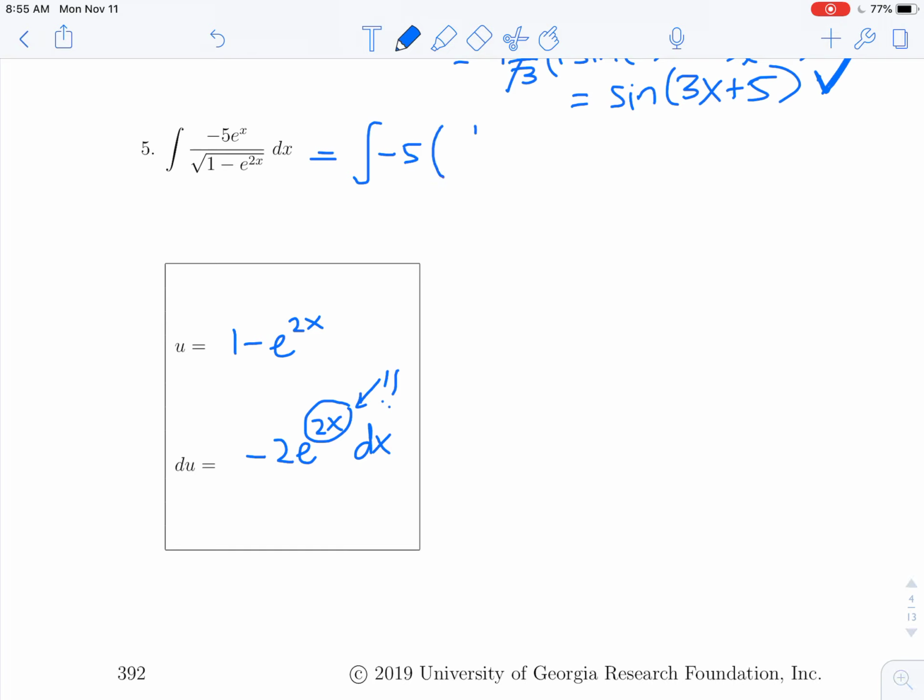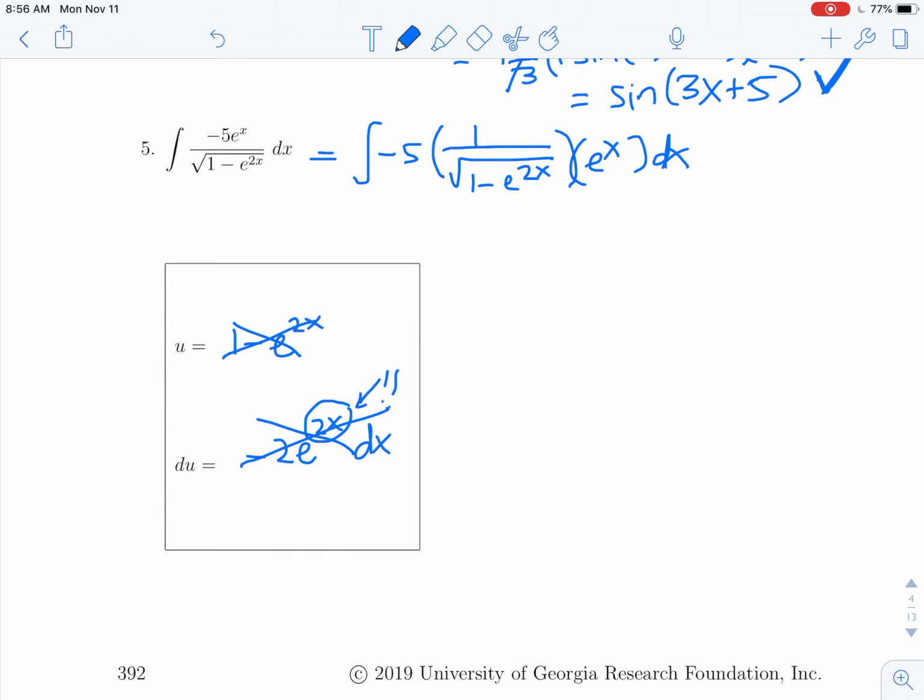And what we have is 1 over square root of 1 minus e to the 2x times e to the x and then dx. And so the problem here is that we don't have an e to the 2x floating around to be the derivative of u. It's just not there. And so this actually doesn't work.